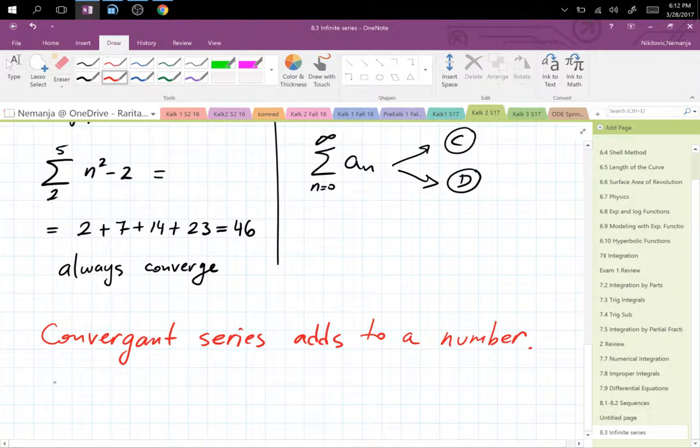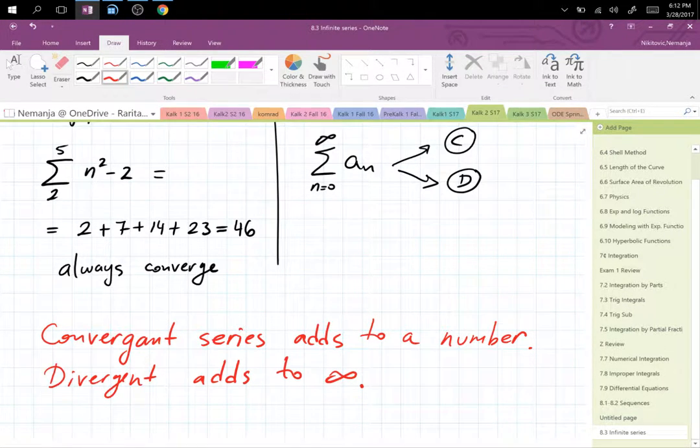In the divergent one, it shoots off to infinity. Divergent adds to infinity. And those are the only ones that are interesting to study.